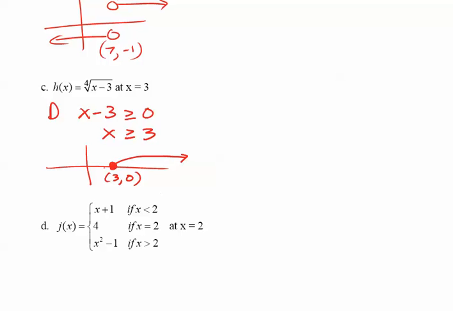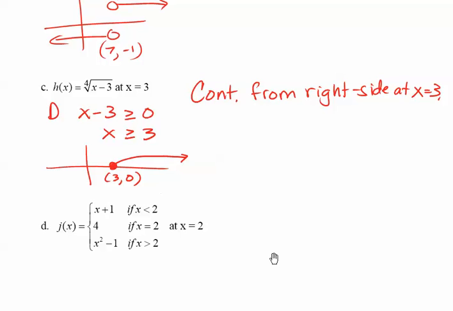So part 3, is our limit the same as we get when we plug 3 into the function? So we would say that this is continuous from the right side at x equals 3. So at an endpoint, it can't have continuity from both sides.